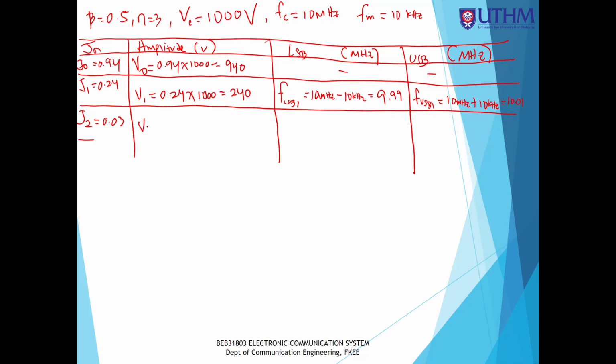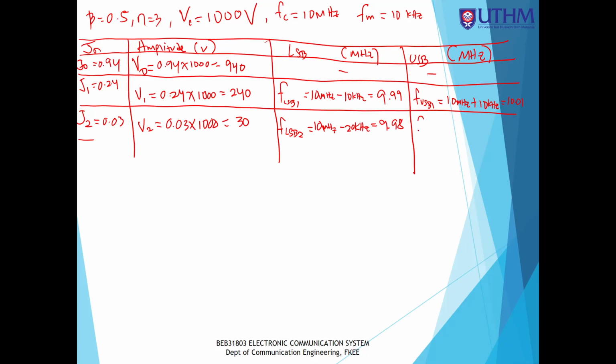And then V2 is equal to 0.03 multiplied with 1000, so you're going to get 30 volt. Then FLSB2, lower sideband 2, is equal to 10 megahertz minus 20 kilohertz, 2 times FM, so this is 9.98 megahertz.